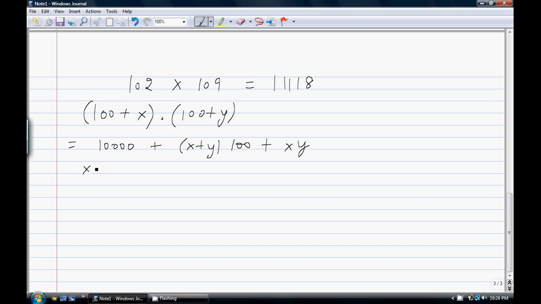If I substitute x equal to 2 and y equal to 9, then I have 10,000 plus 1100 plus 18. So that will give me 11118. So we have to remember this formula.